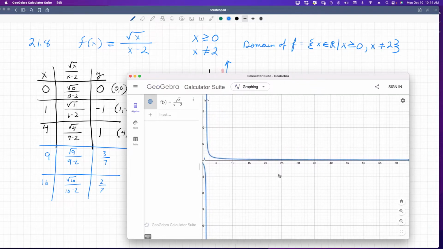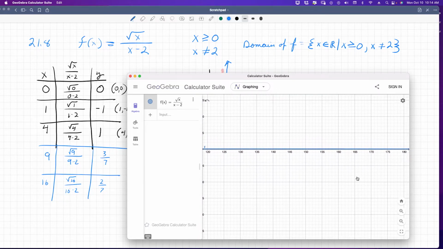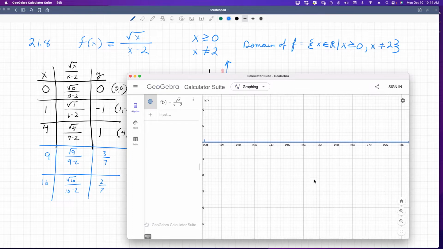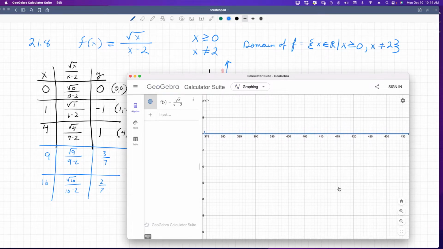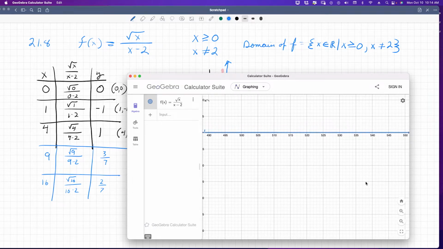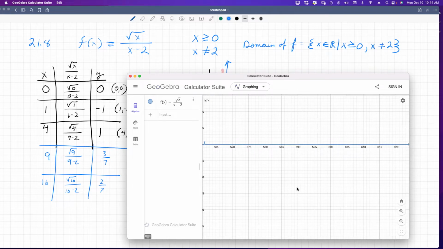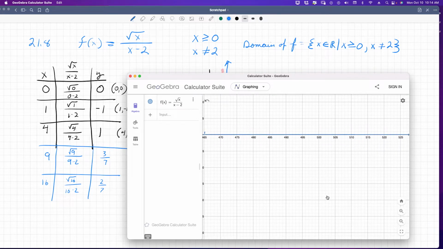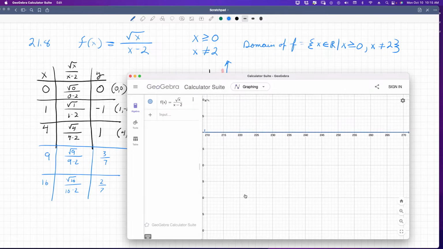If we keep going, it does eventually hit 0 at some point. I wonder if it goes down any at all other than that. No, it looks like 0 is as far as it goes on the x-axis. So it does come back down to 0.